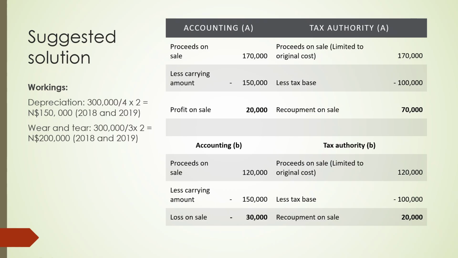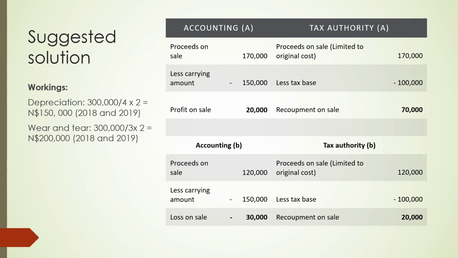Therefore, the cost price of 300,000 less the accumulated wear and tear of 200,000 gives us a tax base of 100,000. Taking the proceeds of 170,000 less the tax base of 100,000, we get a recoupment on the sale of the asset of 70,000.